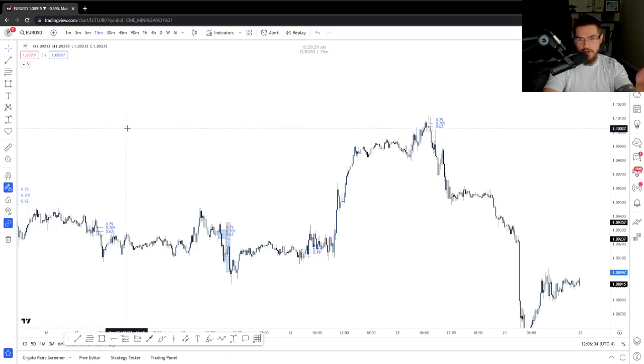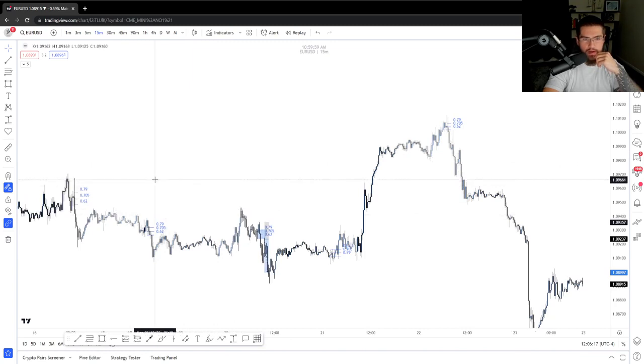So, don't be trying to trade Aussie JPY. It might work, but for the way that I would use these, I wouldn't be using pairs that aren't tightly correlated with whatever session you're looking for.